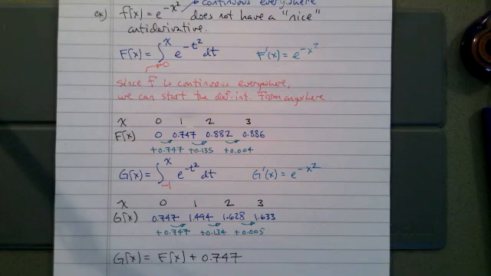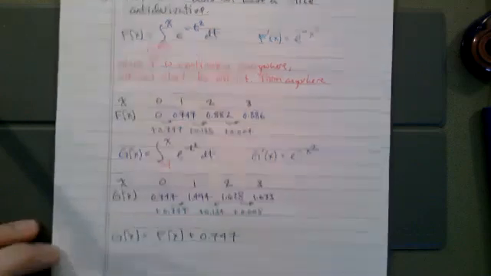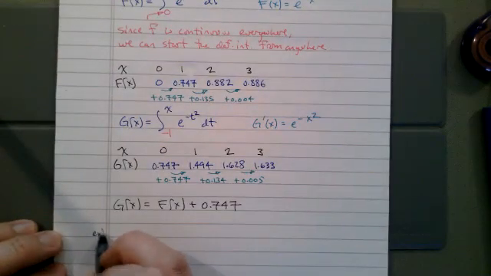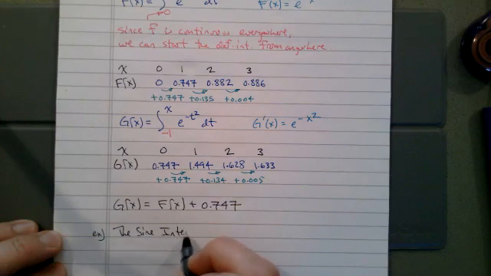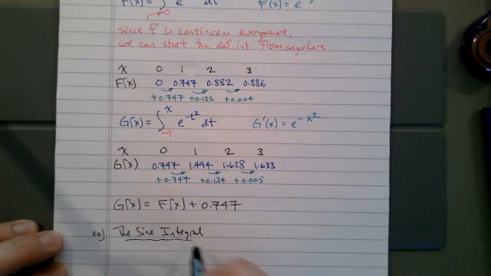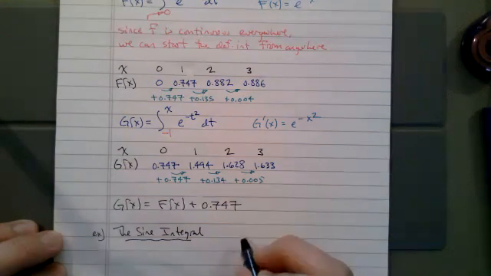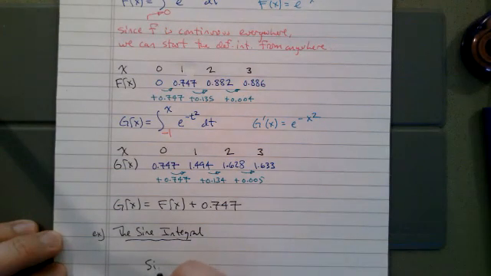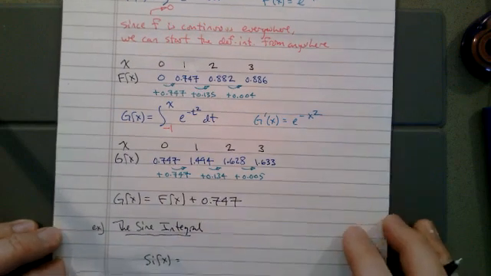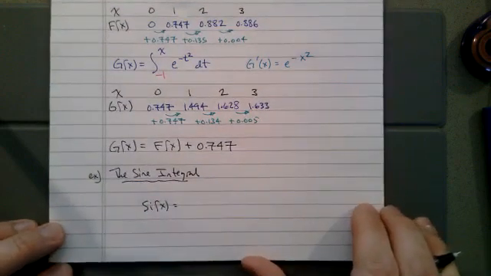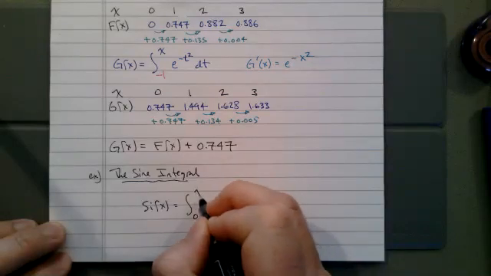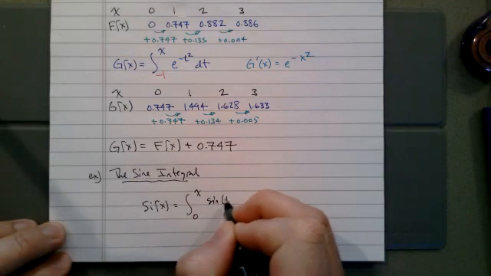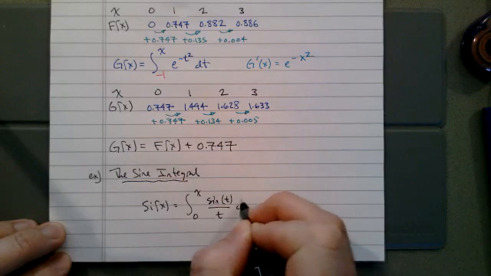Another important example of a function that does not have a nice antiderivative is the sine integral. So it's a special function Si of x, and it's defined to be the integral from 0 to x of sine of t over t dt.